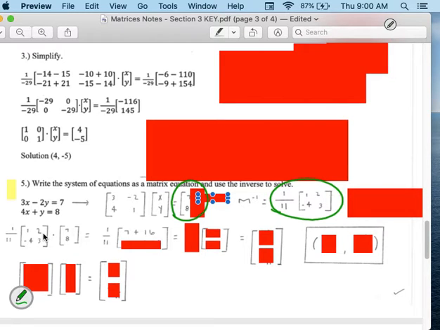When we wrote this matrix right here, we had to change the signs of B and C. You swap A and D, change the signs of B and C. So again, it was 1 times 7 plus 2 times 8, and then negative 4 times 7 plus 3 times 8. Simplify that matrix there. 7 plus 16 is 23. Negative 28 and 24 is negative 4.